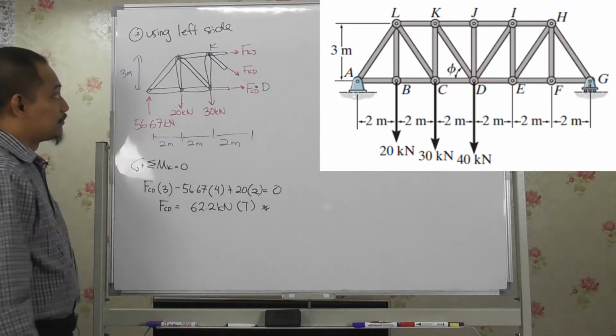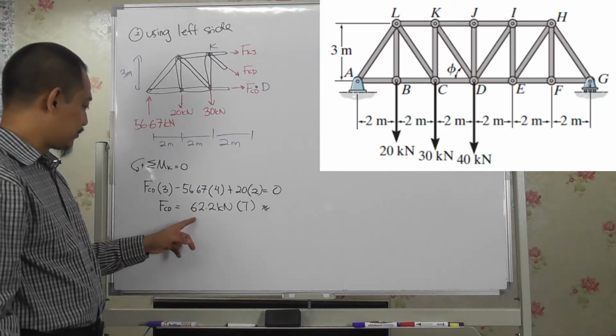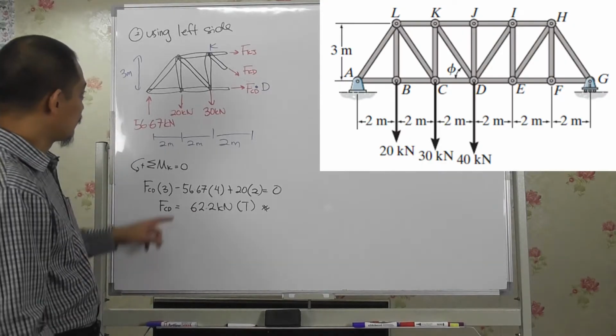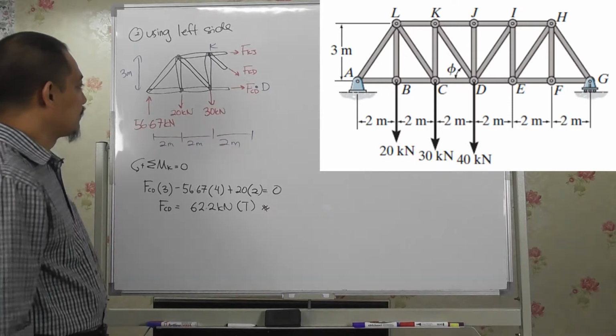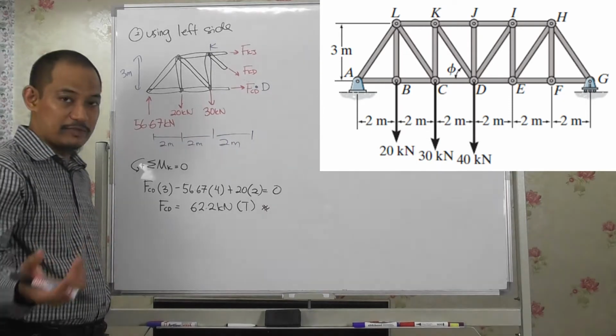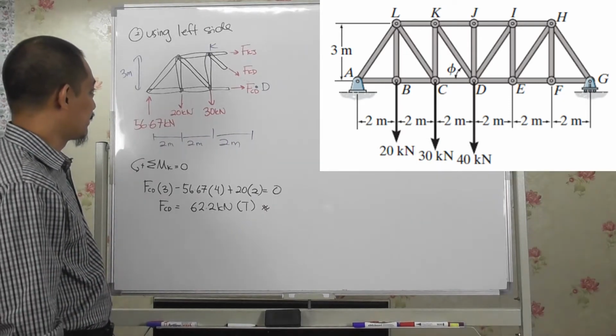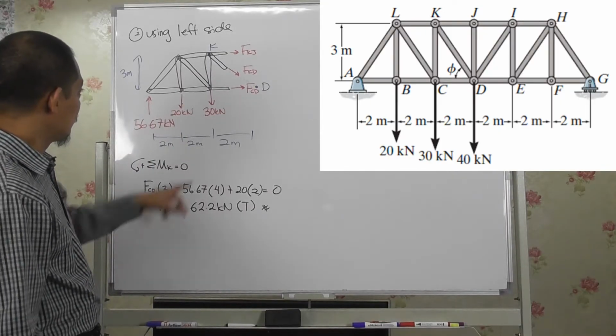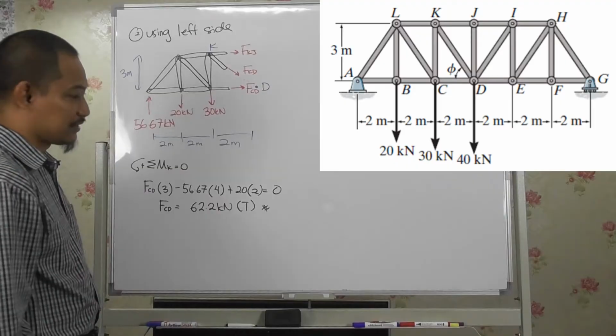Okay. Now, as I mentioned before, if you have this already, because we already have this one, right? You can use summation of Fx and summation of Fy actually. Now, one thing that we need when we want to calculate FKD after this is the angle, right?